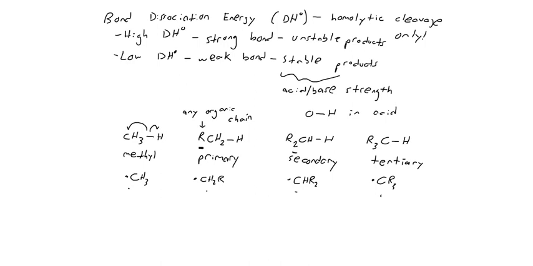And what we can say is that this tertiary radical is going to be the most stable, whereas the methyl radical will be the least stable.